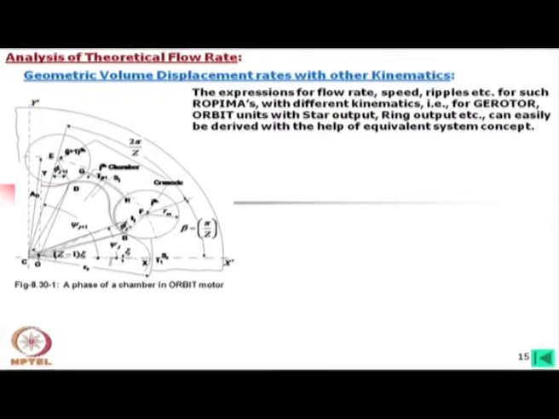What is it? Now, in the orbit motor, what we have seen, the ring remains fixed and output is taken through the star. The star has two rotations. One rotation is the revolving action around the central axis, that is the axis of the outer ring, and it also has rotation about its own axis, which is the output in case of the orbit motor.